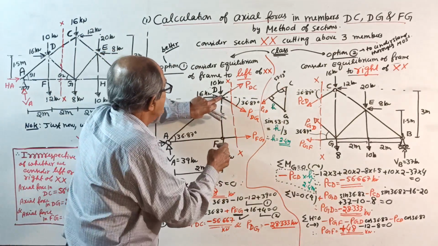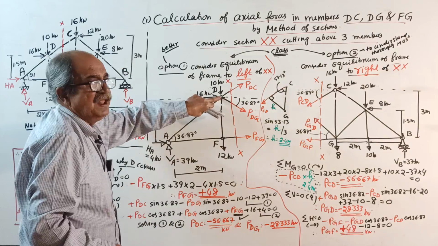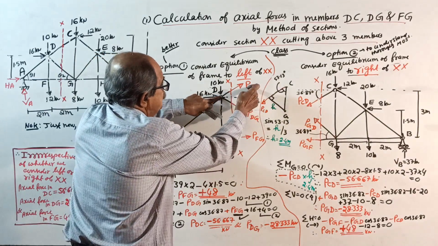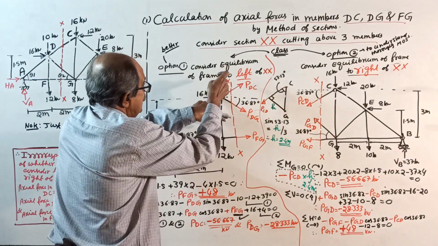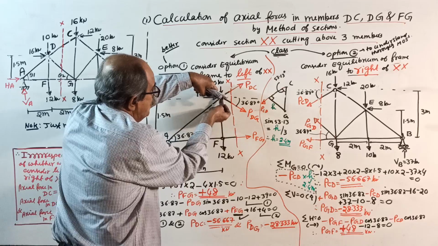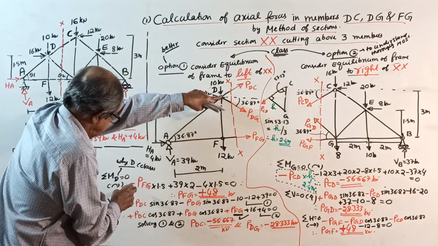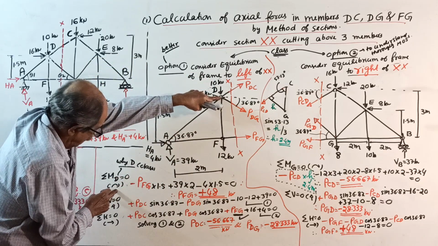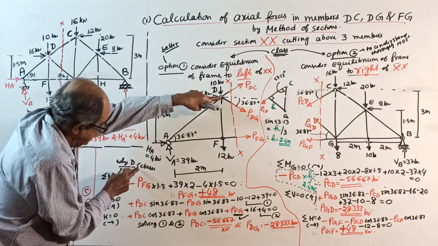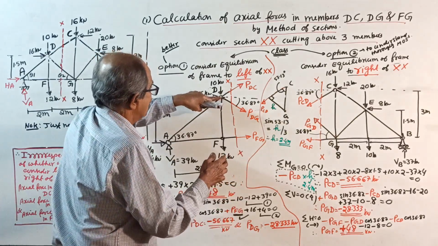Yes, D. Therefore, take moment about D. If you take moment about D, the moments of these two unknowns become 0. Sigma M about D equals 0, clockwise positive. Why D, I told in the class. You write it. Now happily start.